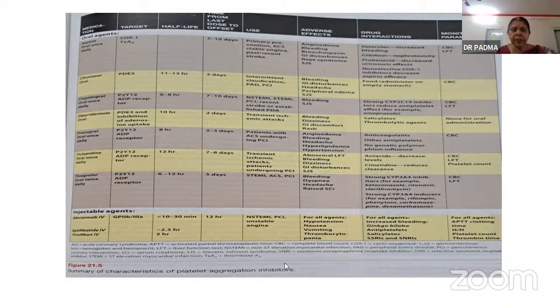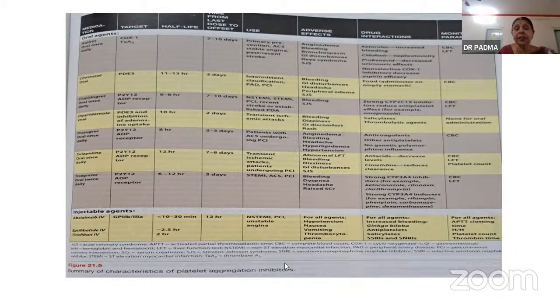But why do we give it daily? Think why we give it daily, though the action is for 7 to 10 days, the lifetime of platelets. The main use is in primary prevention, most often in patients with diabetes as well as hypertension, who are more prone to cardiovascular diseases, more so after 10 years of these conditions.